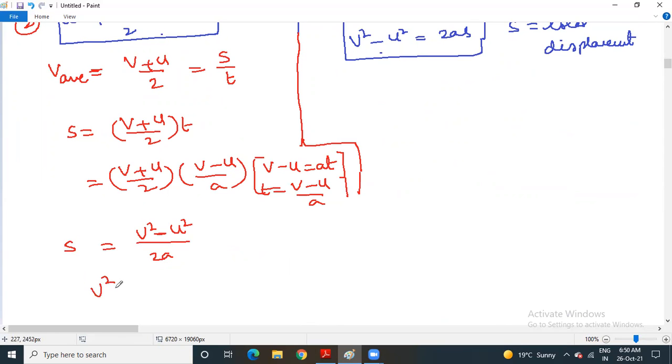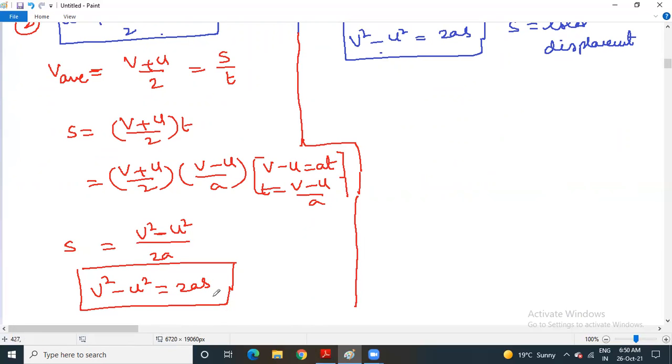Therefore v square minus u square equal to 2as. This is the most important equation for road safety. I'll make a separate video based on this, on how this equation works to avoid accidents on the highways.